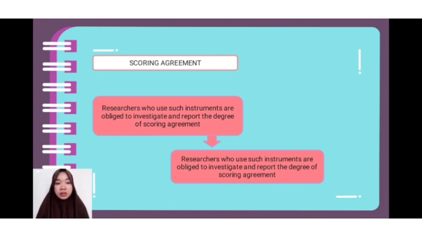Such training usually consists of explaining and discussing the procedures involved, followed by trainees using the instrument as they observe video or live situations. All trainees observe the same behavior and then discuss any differences in scoring. This process, or some variation thereof, is repeated until independent observers reach an acceptable level of agreement.